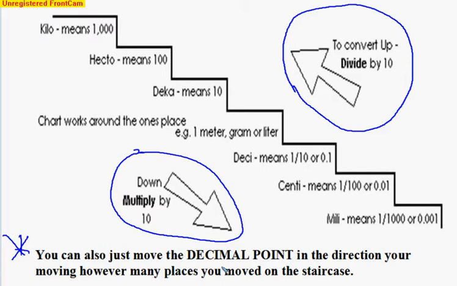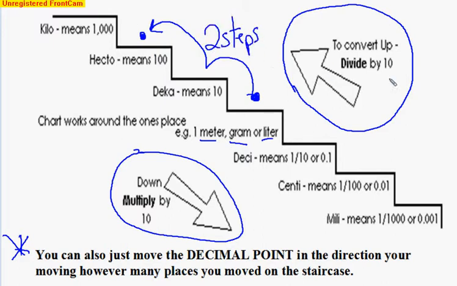For instance, if I start here on the base unit, which is gram, liter, or meter, and I end up going up here to the hecto, I ended up traveling 2 steps, which according to my arrow here I would end up dividing by 10.